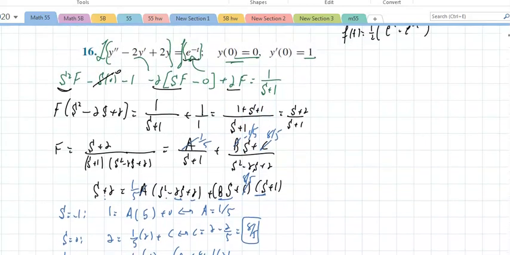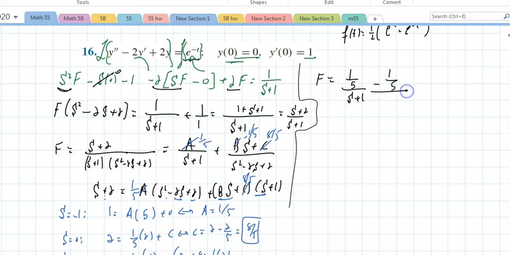So I'm looking at F equaling 1/5 over s plus 1 minus 1/5 s over s. Oh boy, let me think how I'm gonna do this. No, I gotta take this a step further. There's a shift. Let me do the shift first. So remember, if there's a shift, I have to match it top and bottom. The denominator, I should have done that. Isn't that s squared minus 2s?